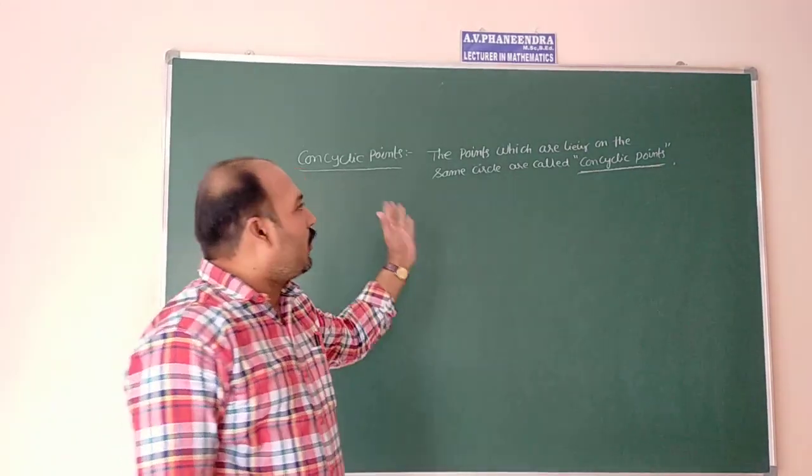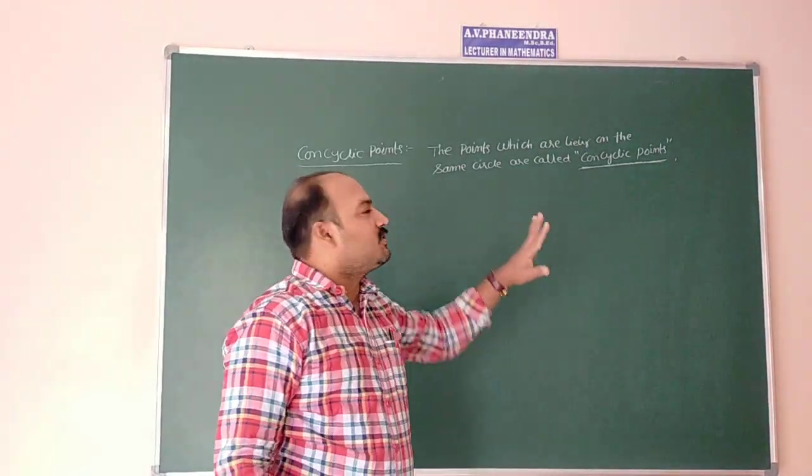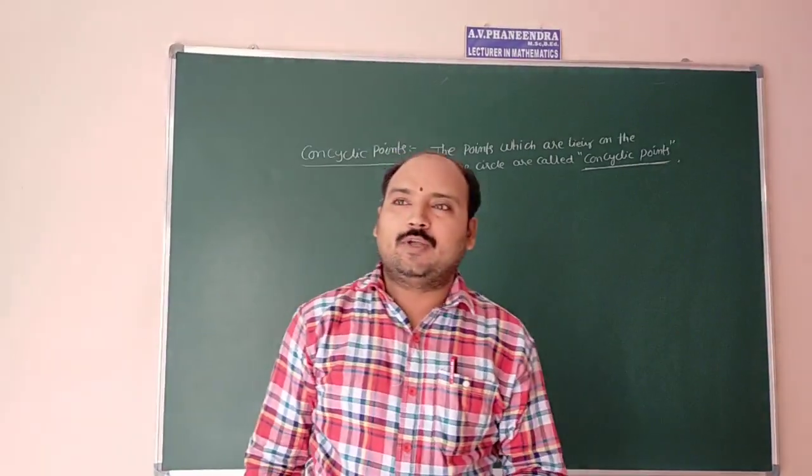That means the points which are lying on the same circle are called concyclic points.